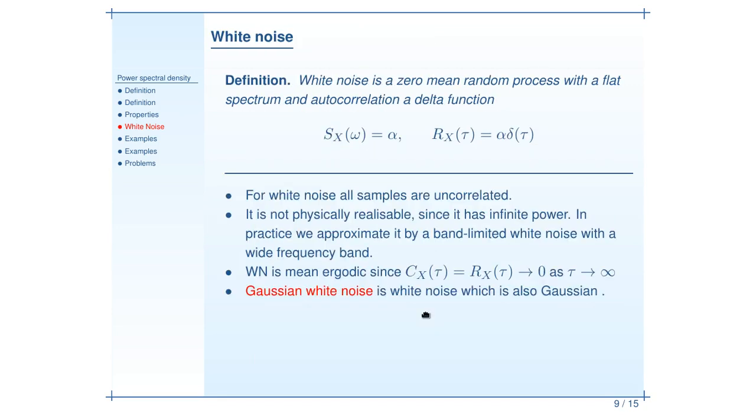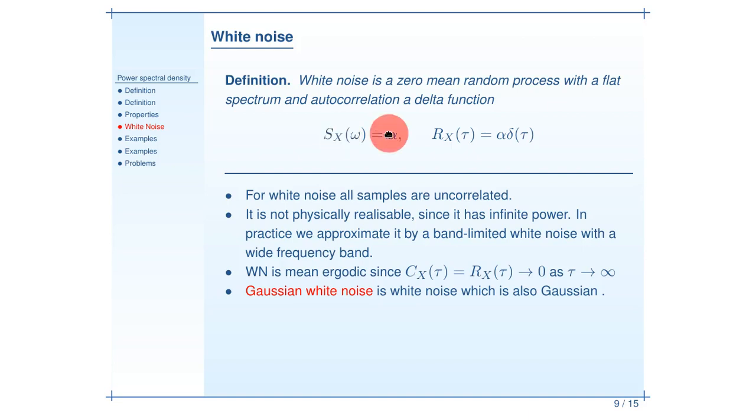And with the idea of a delta function, we can also define what is meant by white noise. A white noise is a zero mean random process with a flat power spectrum. Flat power spectrum means the power spectral density is a constant.